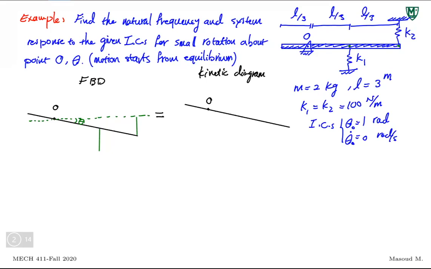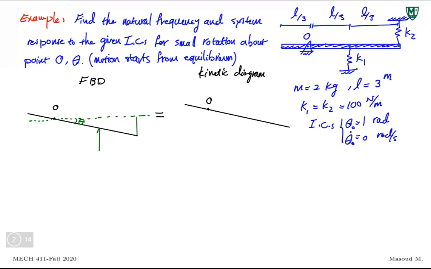So everywhere in this course, whenever a system is disturbed from its equilibrium position, this is motion that starts from equilibrium. The main thing the spring forces want to do is push the system back to where it was. So for any deviation from the equilibrium point, spring forces are going to be in a direction that tries to push the system back to the equilibrium position.